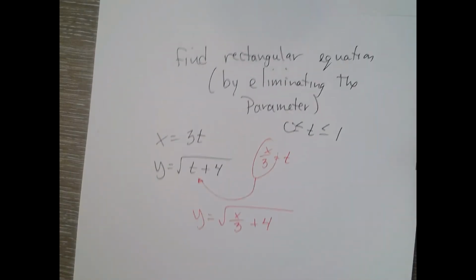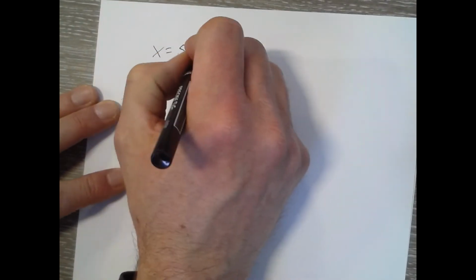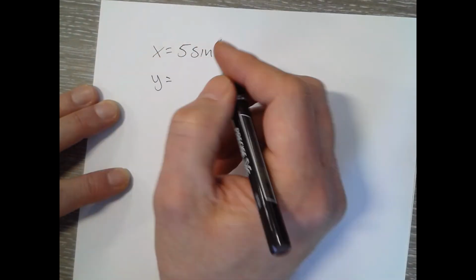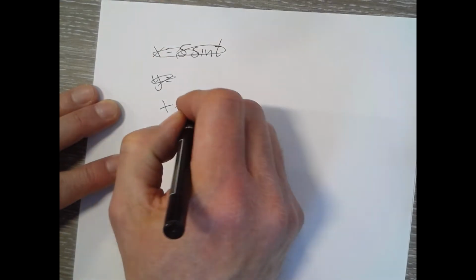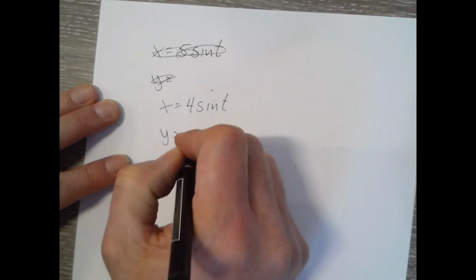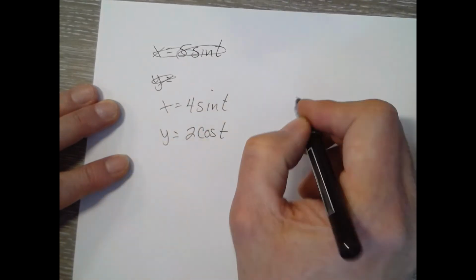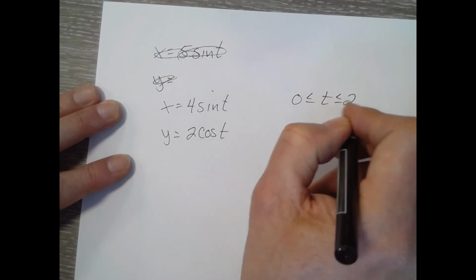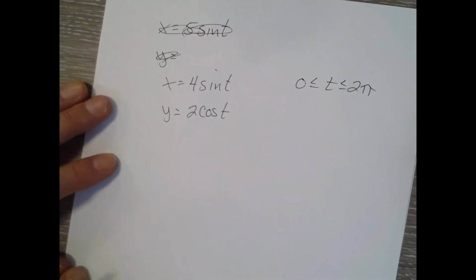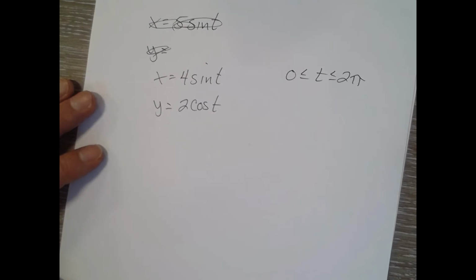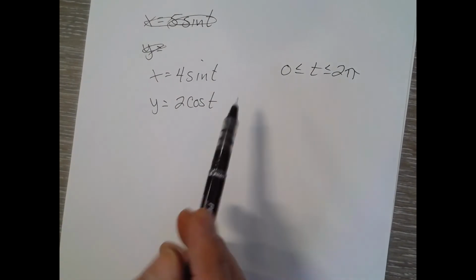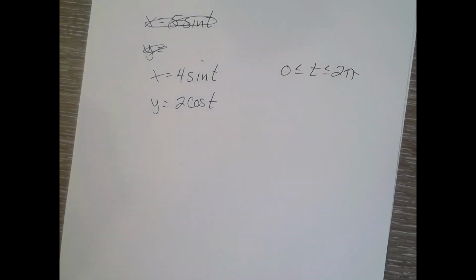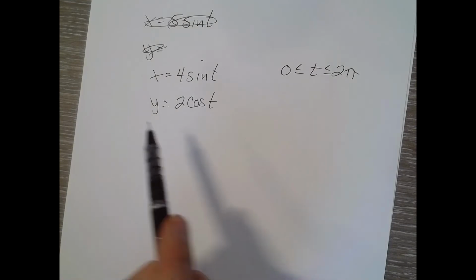If you're given x equals 4 sine t, and y equals 2 cosine t, from 0 to 2 pi, and you wanted to find the rectangular equation, you could solve for t, but it would involve an inverse sine, and then you'd plug that into the y equation.